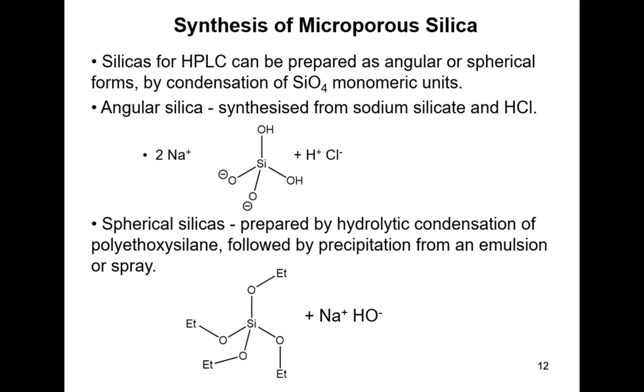You can do this as an emulsion, so you'll have the reacting solution dispersed within another liquid in very small bubbles, just a few microns across, or you can do it as a spray, so the reacting solution is dispersed in air, forming very small droplets, just a few microns in diameter. Within these droplets the reaction occurs to form the silica, but it can only occur up to a certain size depending on the size of the droplets that you've managed to create.